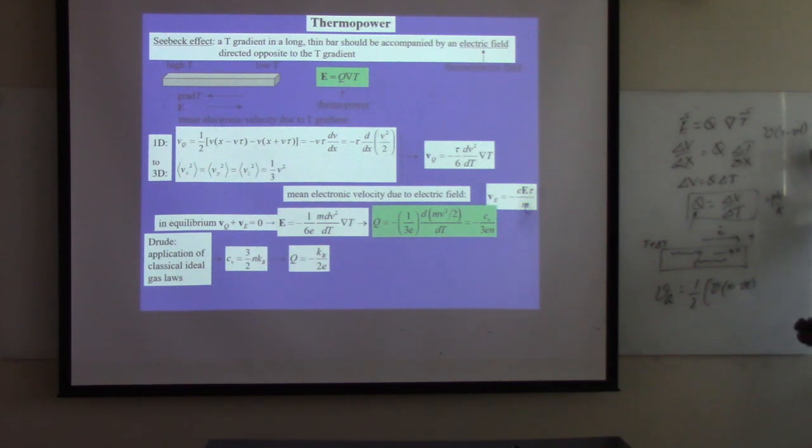That means when t increases, x increases. If this is x plus vt, what happens? If this is 0, x equals minus vt. That means when t is increasing, x is going in the opposite direction, right? Please remember that one. So anything going to the right you can write this way, minus the ones going to the left. How do you write that? x plus vt, right?